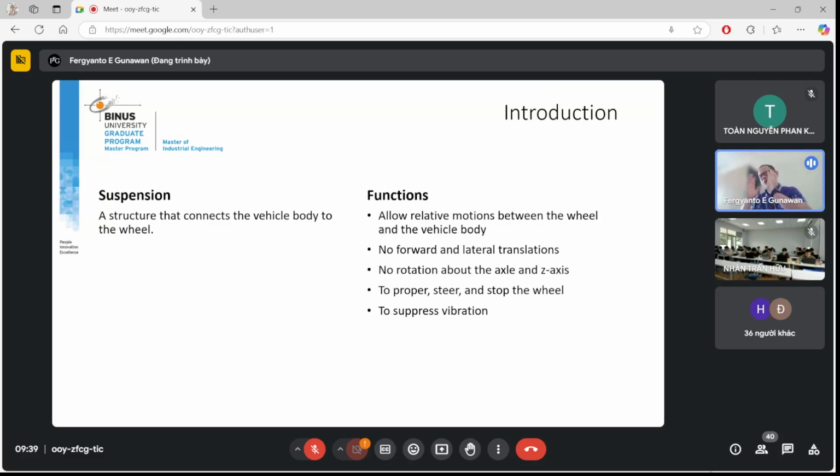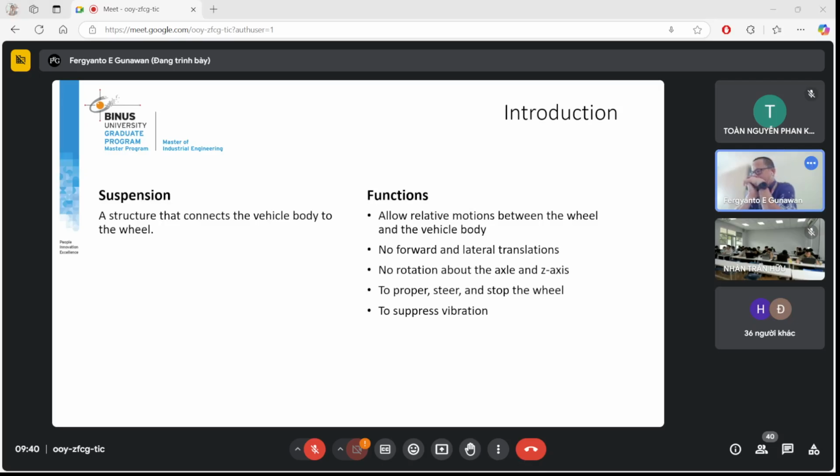It should not allow the forward movement and the lateral movement. The only movement allowed is vertical. Suspension should allow vertical motions of the vehicle body, suppress vibration, and allow steering, right? So those are the functions that we wish a suspension system to have.